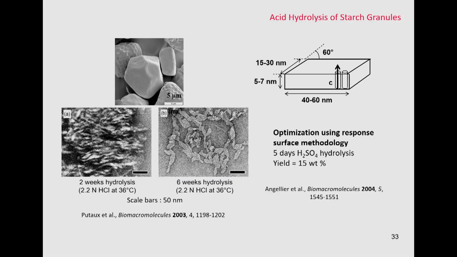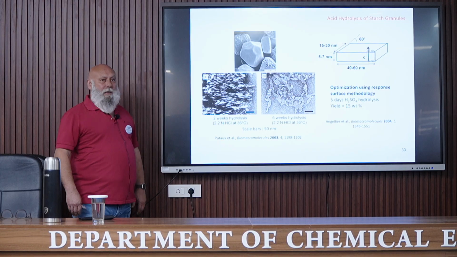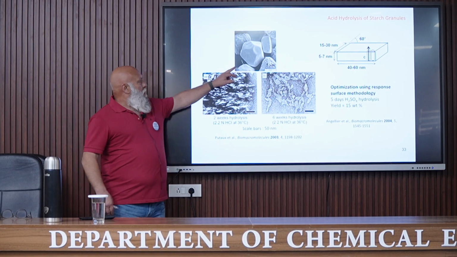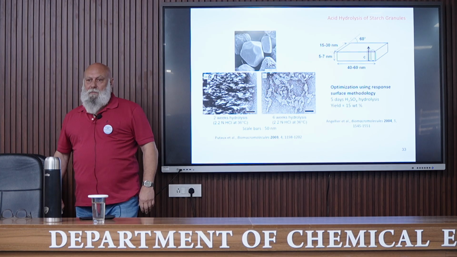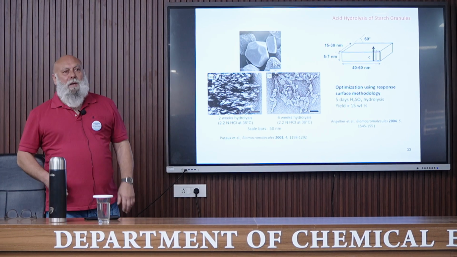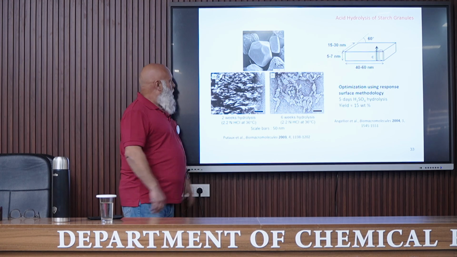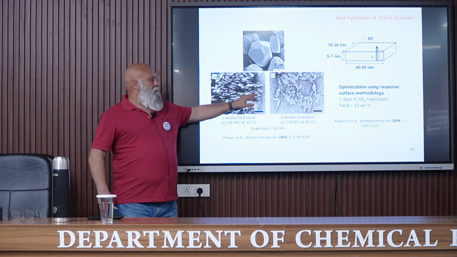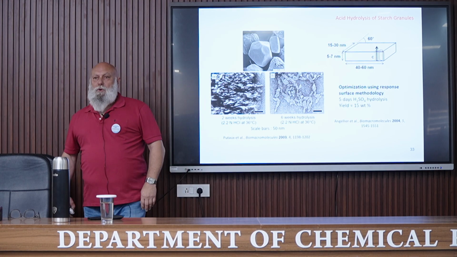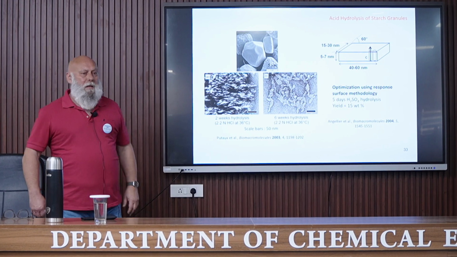So now starch can also be submitted to an acid hydrolysis treatment to isolate the crystalline domains of starch. Remember, starch is in the form of microscopic granules, which are more or less spherical. And you can see here the evolution of the dispersion during the acid hydrolysis treatment.